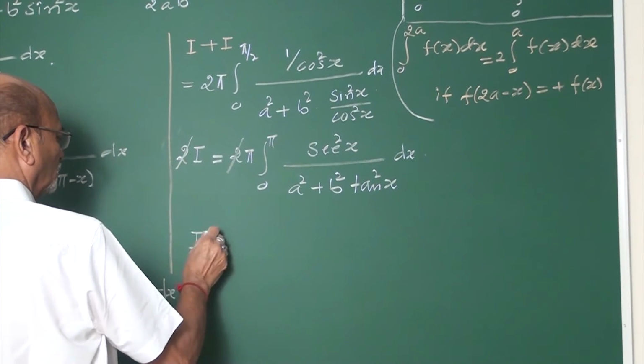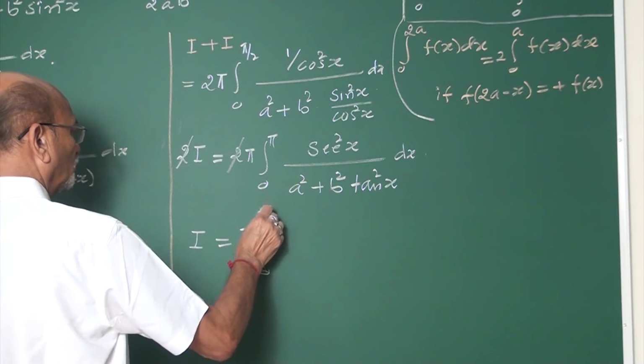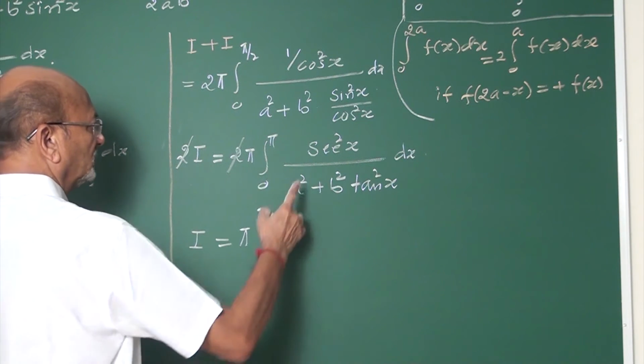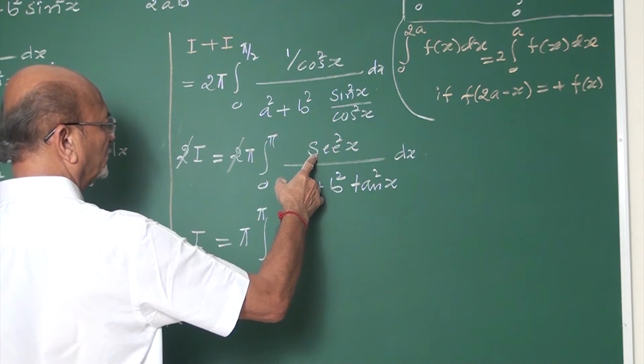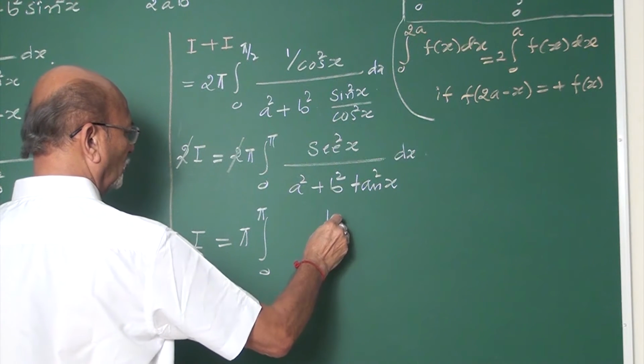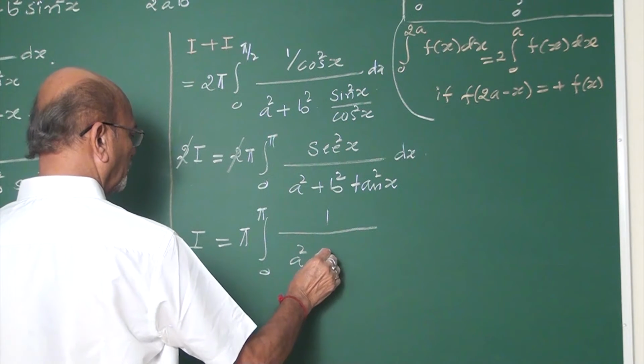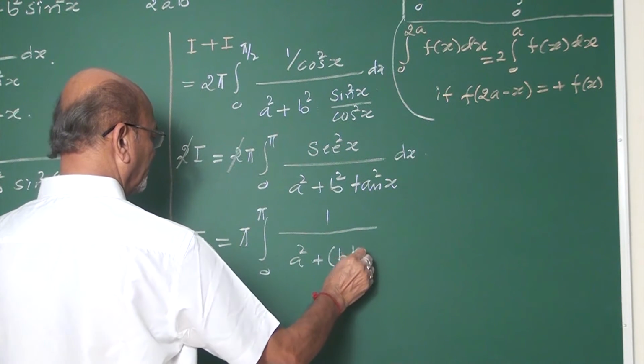I equal to pi into integral 0 to pi by 2. Yes. This is sec square. Otherwise, I write 1 upon a square plus, this I write as what?